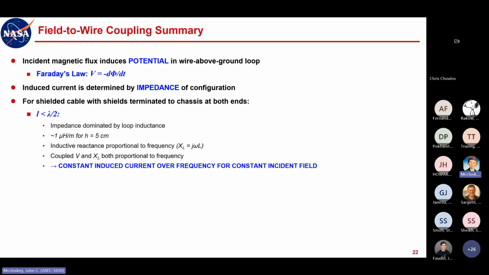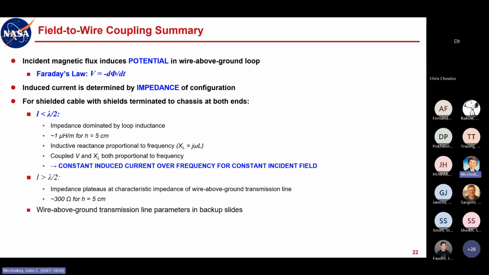That's central to this test method. Then when the length is greater than half a wavelength, the impedance will plateau at the characteristic impedance of the wire above ground transmission line. That's generally about 300 ohms for a height above ground of 5 centimeters. And I have wire above ground transmission line parameters in the backup slides.